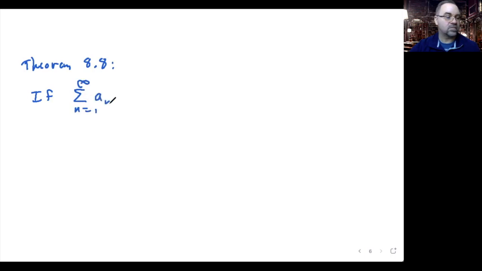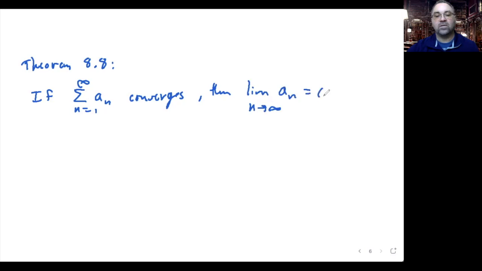Theorem 8.8 says, if the series is convergent, then the limit as n goes to infinity of a sub n is 0.